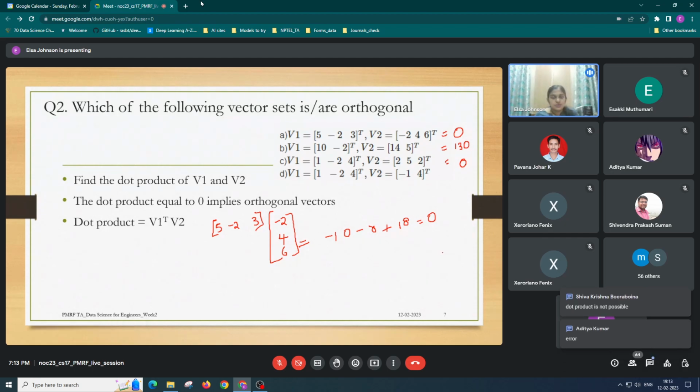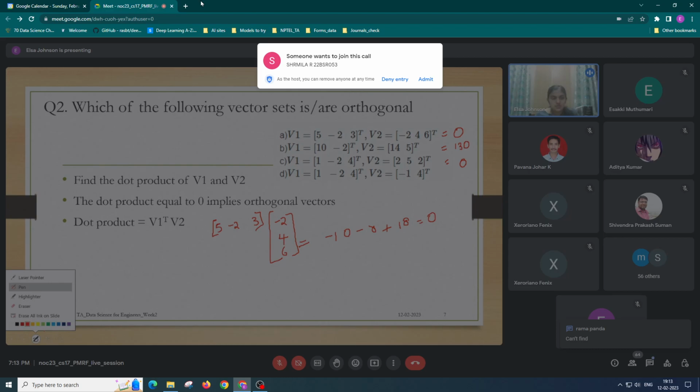Okay, yes, that is true. The number of variables there is less, the number of columns is less. So your answer will be option A as well as option C are orthogonal vectors. Okay, so we'll move on to the next question.